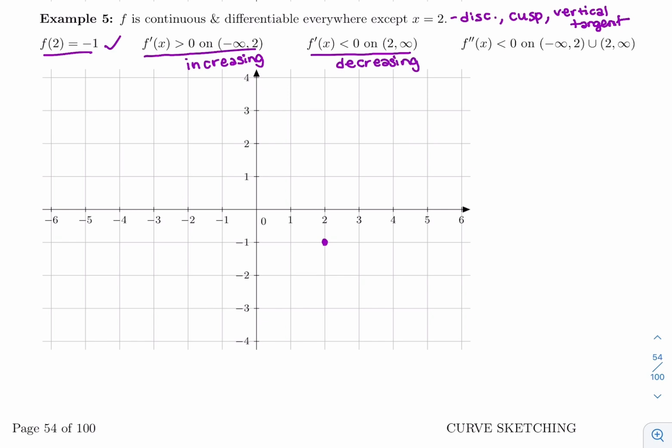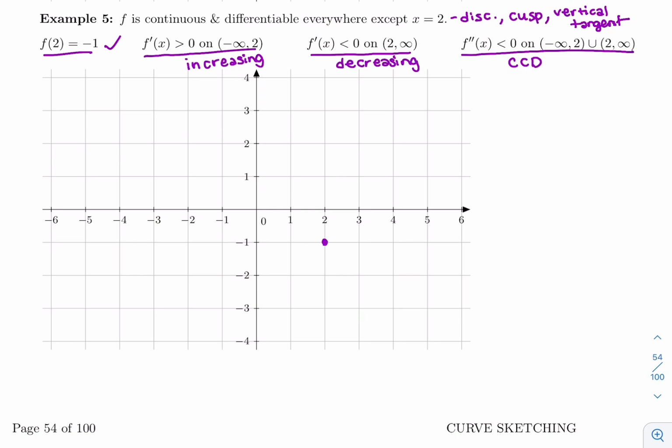That doesn't tell me too much because increasing and decreasing can look so many different ways, so I'm going to wait until I see what the second derivative is doing before I get an idea of what the picture looks like. The second derivative for this is always negative, so it's always concave down. So I want to switch from increasing to decreasing and remain concave down. There are so many ways to draw this that would be correct.